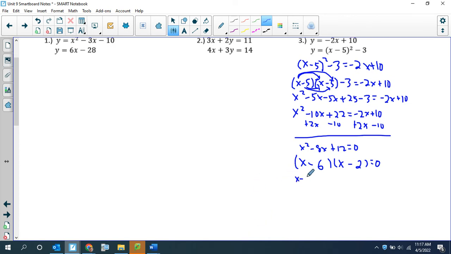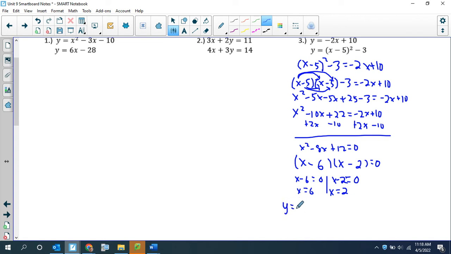All right, then I set each of those factors equal to 0. So I'd end up with adding 6, so x equals 6, adding 2, x equals 2. Now remember that we need y values because this problem originally had y's as well. So I'm going to take each of my x values and plug in for x in either equation. The top equation is going to be easier to do.